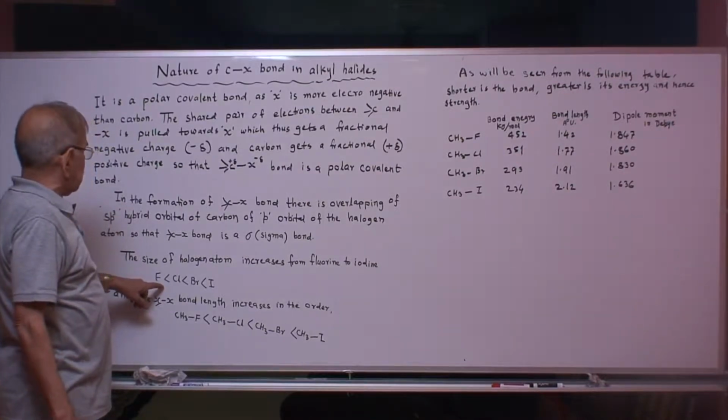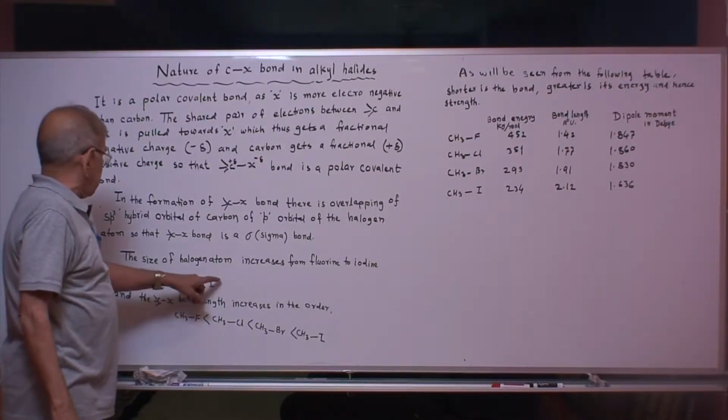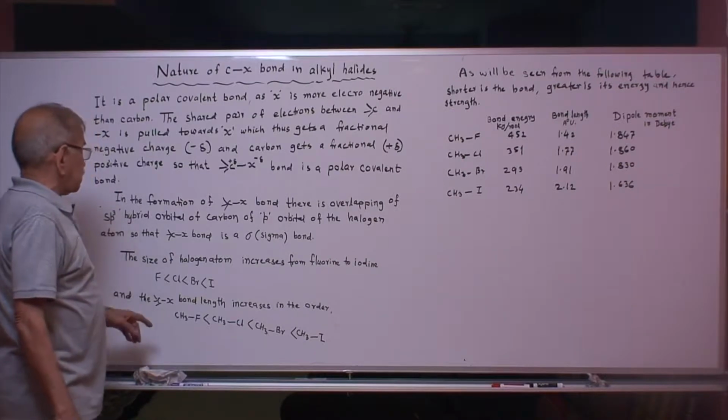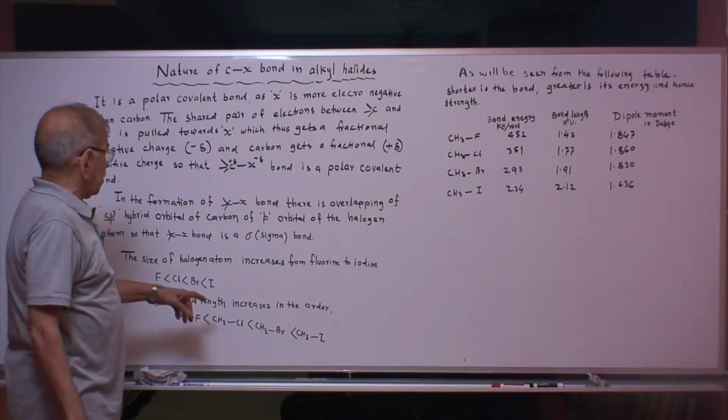Fluorine has the smallest size, then chlorine, then bromine, then iodine.